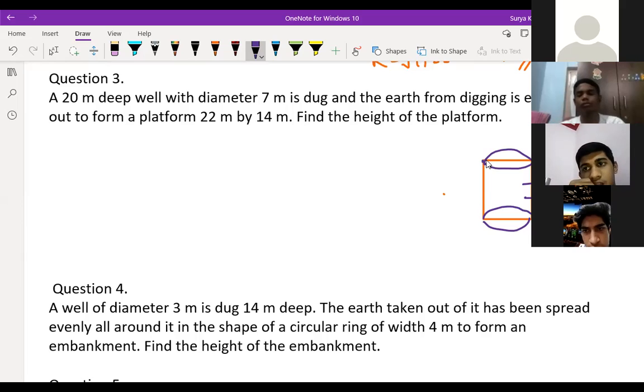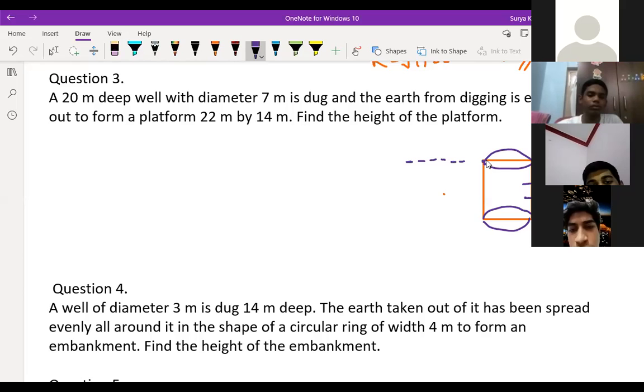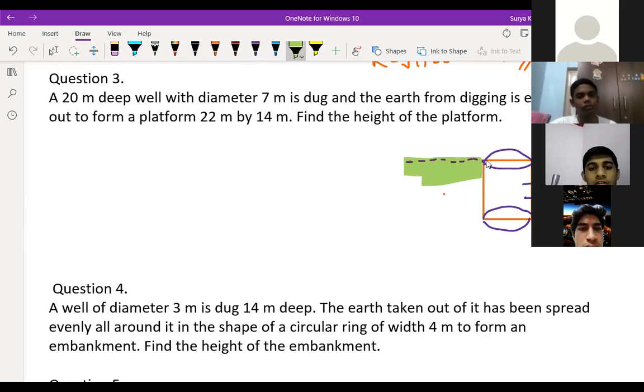A 20-meter deep well with diameter 7 meter is dug and the earth from digging is evenly spread out to form a platform. See, this is your land, children. This whole thing down is land.